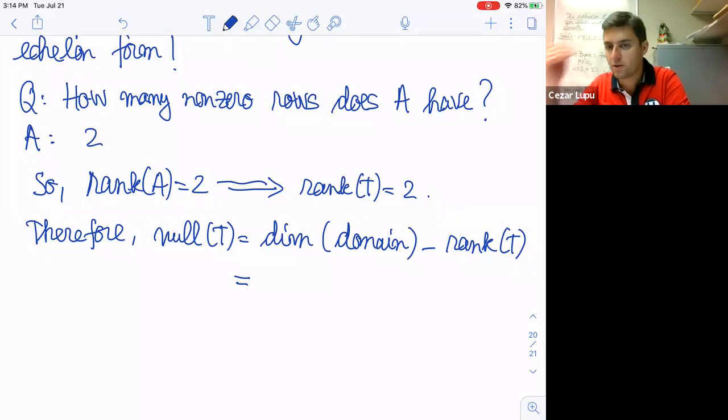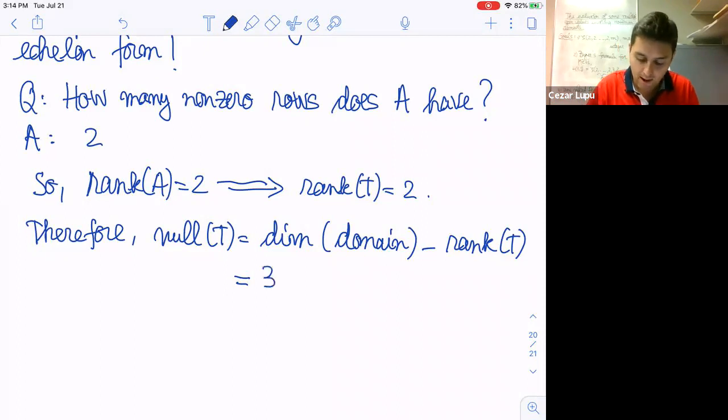Our linear transformation goes from what to what? From R3, right? The dimension will be 3 minus the rank is 2, so the nullity will be 1, and that's it.